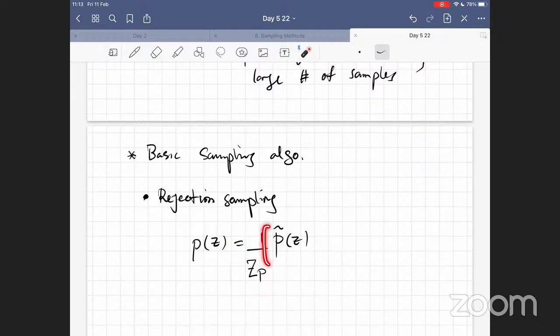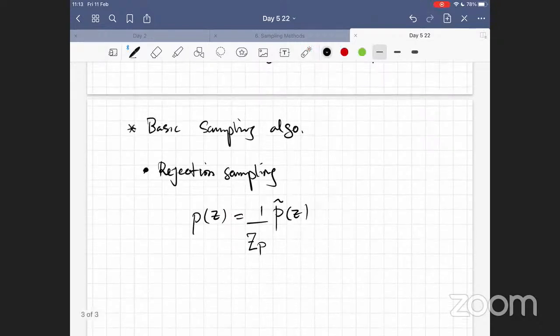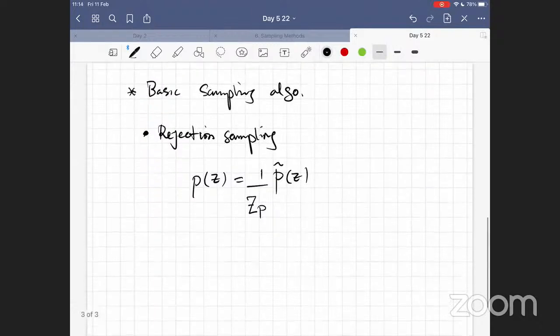However, the numerator is something that you can work with. So having in mind this frequent case of a distribution of this form, the idea is the following.